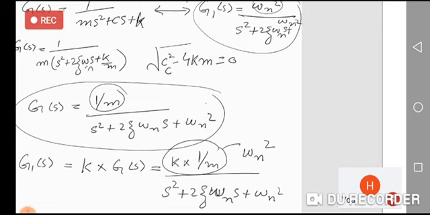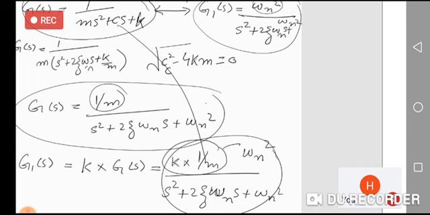जो मेरा कहने का मतलब है, this is another form of writing this transfer function. And this is useful because by just looking at this transfer function, you get all the information of the system, such as what is the natural frequency of the system? Is the system underdamped, overdamped, critically damped, or undamped?